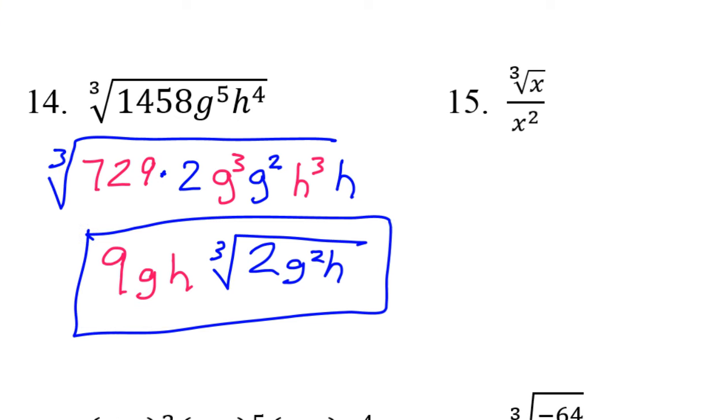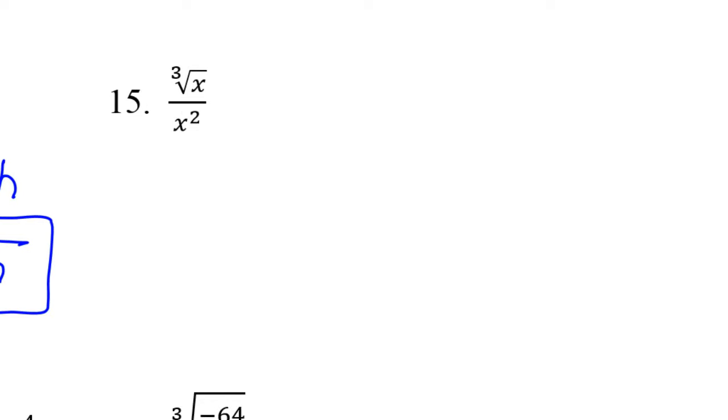Okay. Now, number 15. Number 15 is a strange little problem, so I hope everybody's paying attention. If I were you, I would change this numerator to a fractional power. So the 3rd root is the same thing as x to the 1/3 power. So I've got x to the 1/3 power over x squared.